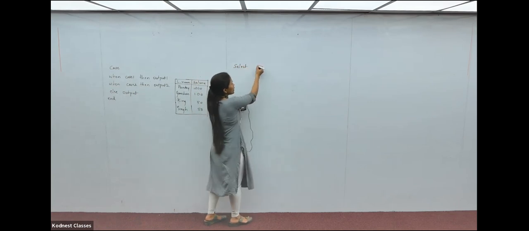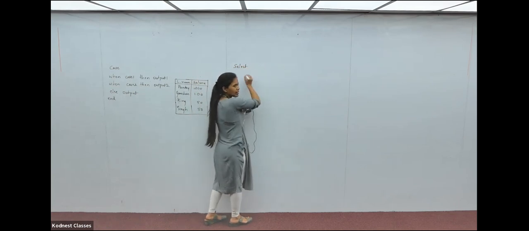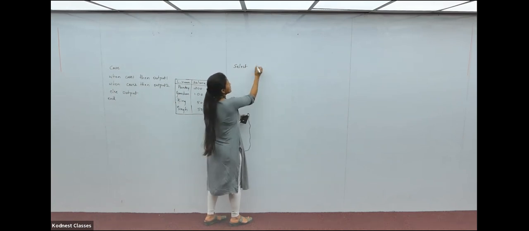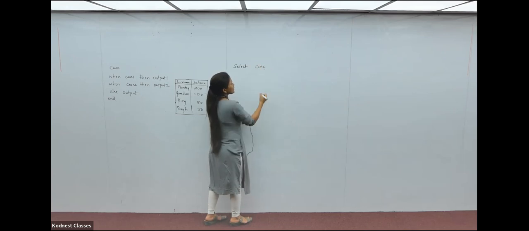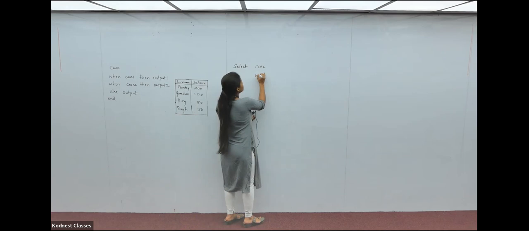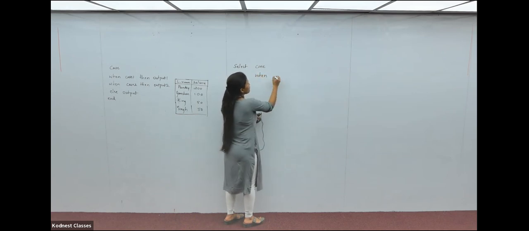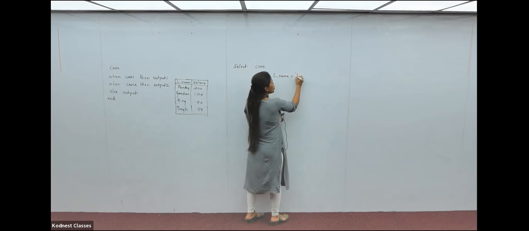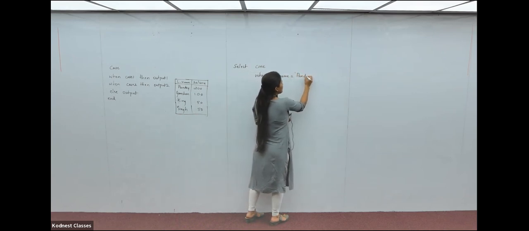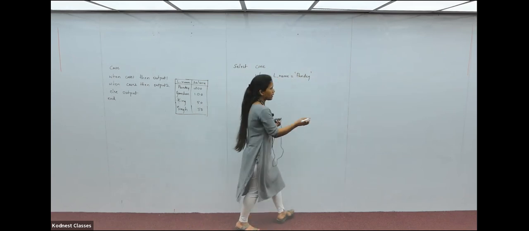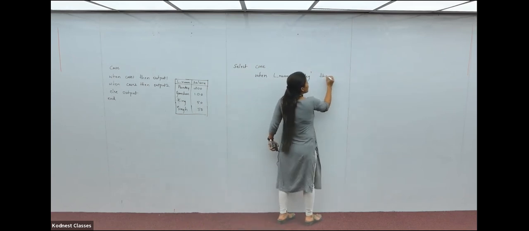Now, if it was just normal salary, I would have told select salary from EMP table. But since I want to check for multiple cases, I will tell case, select case. I'll tell when last name is equal to Pandey. When last name is equal to Pandey, then what output I want?